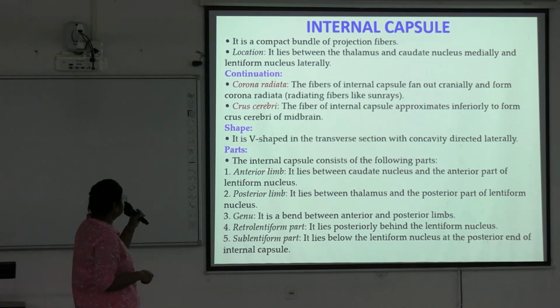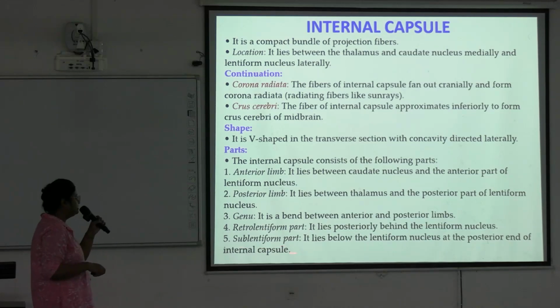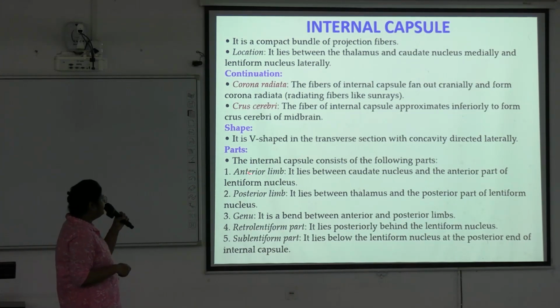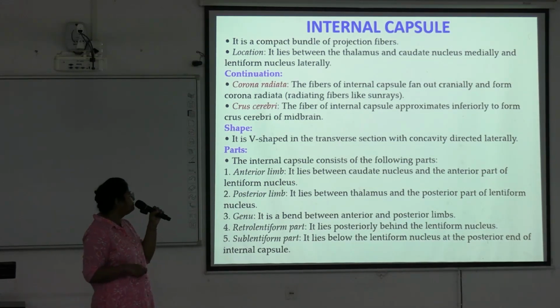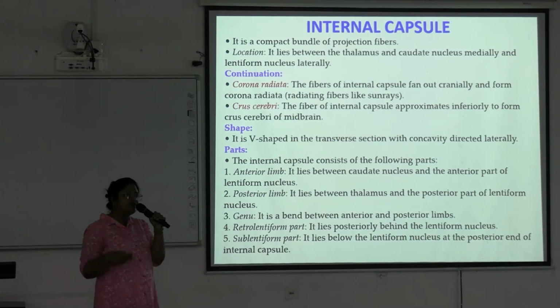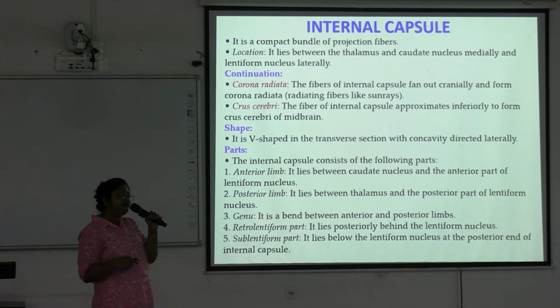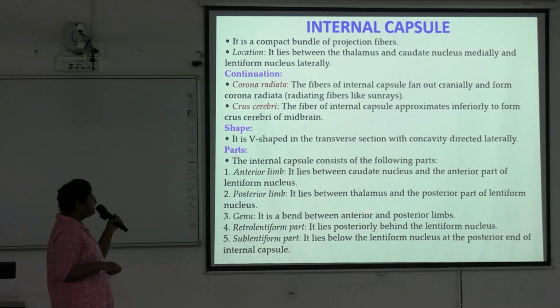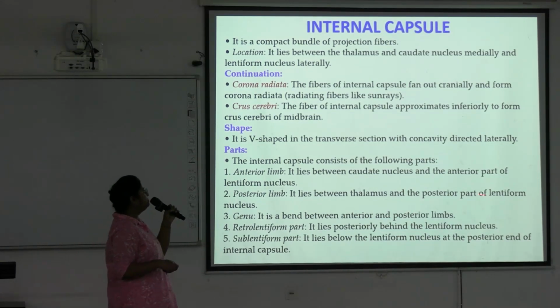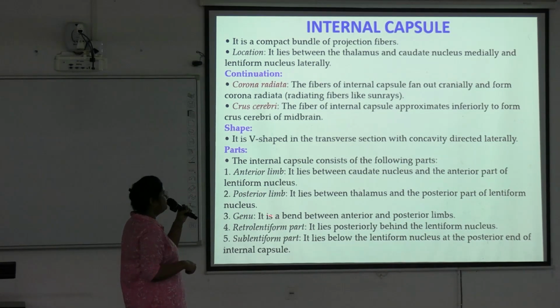What are the parts? It consists of the following parts: anterior limb, posterior limb, genu, retrolentiform and sublentiform part. The anterior limb lies between the caudate nucleus and the anterior part of the lentiform nucleus. The lentiform nucleus consists of the globus pallidus and putamen. The posterior limb lies between the thalamus and the posterior part of the lentiform nucleus.